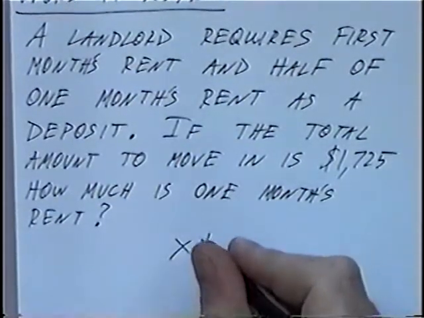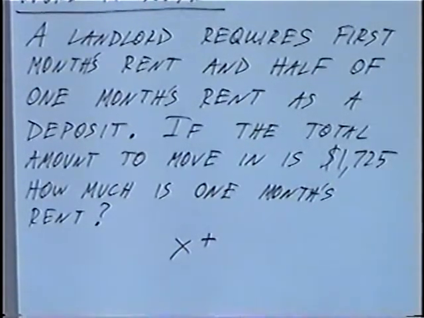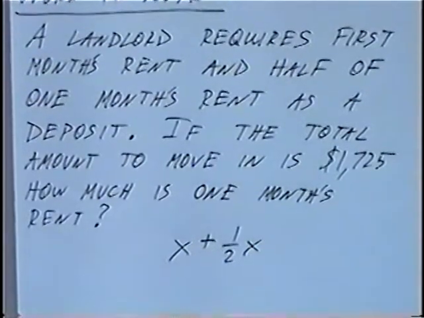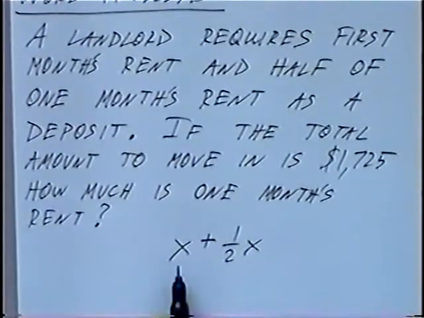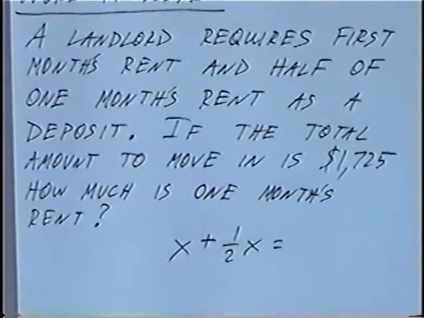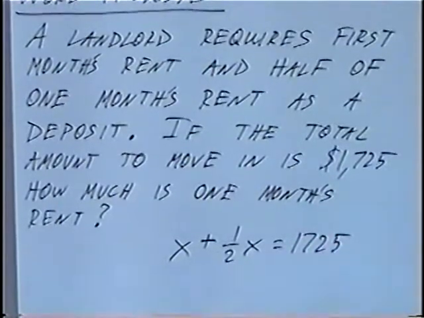If you're paying extra, that would be adding to your total. Half of 1 month's rent would be 1/2 of x, since x is 1 month's rent. So you have the first month plus 1/2 of a month, and that equals the total that you pay, which is $1,725.